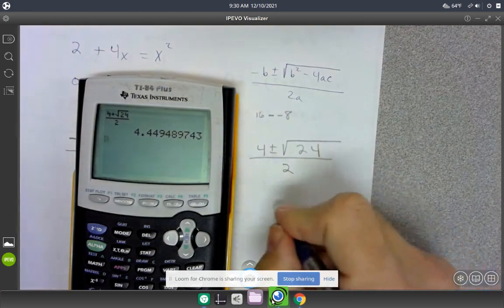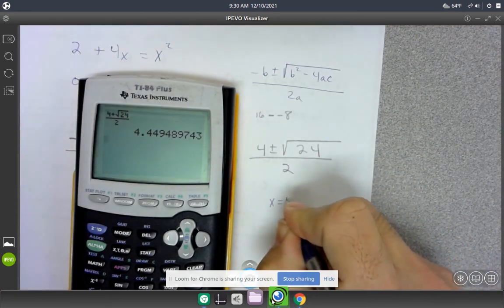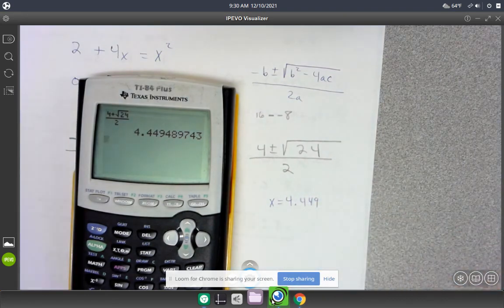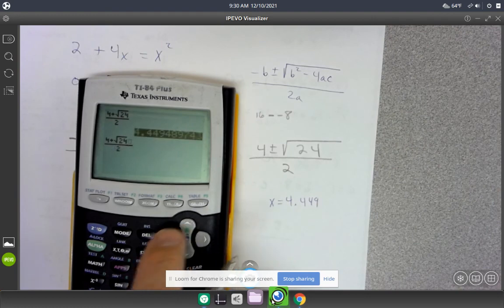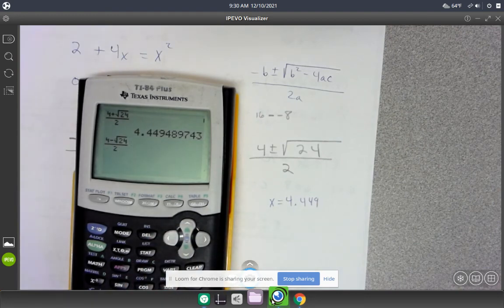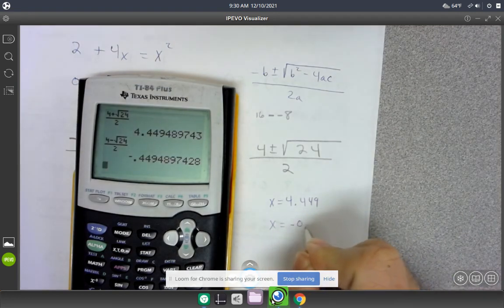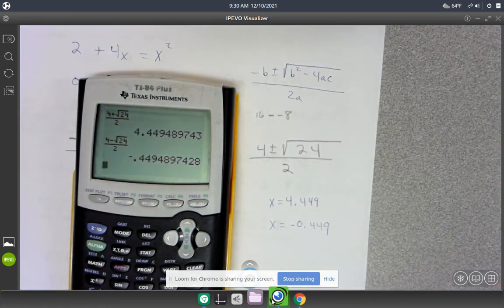And I get x equals 4.449. That'll work. And then go back up and do the negative version as well. Minus. All right, x is also equal to negative 0.449. Cool. Those are our two solutions.